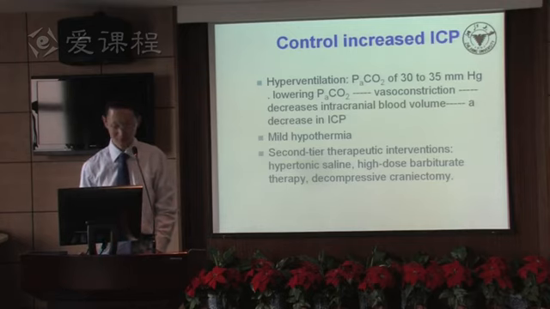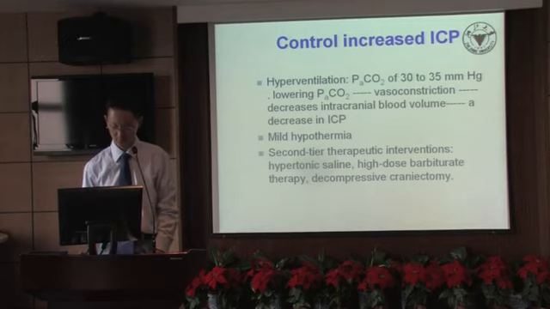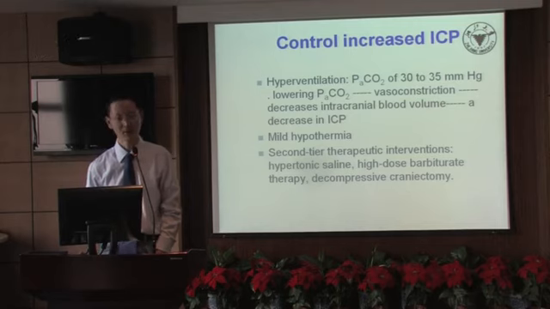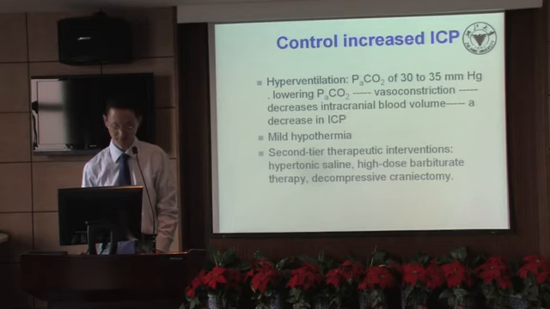There are also other second-tier therapeutic interventions. When ICP becomes refractory to these strategies, a CT scan is mandatory, particularly if the mannitol dosage has been optimized, to look for newly formed or expanded mass lesions.